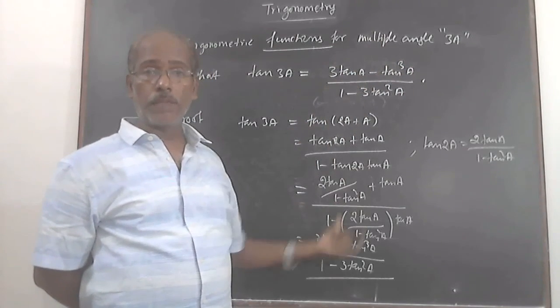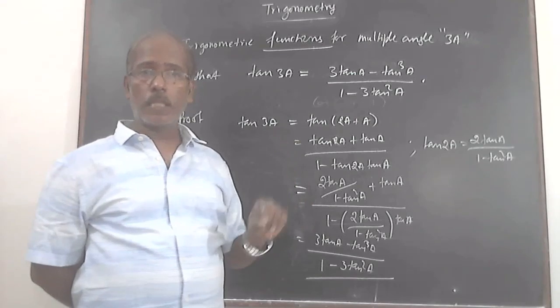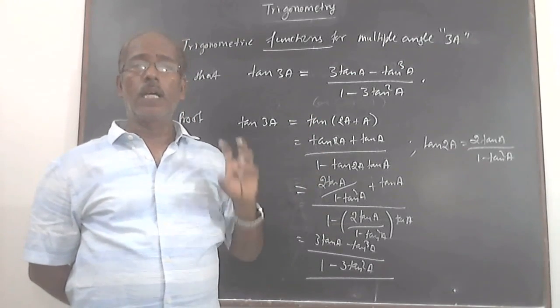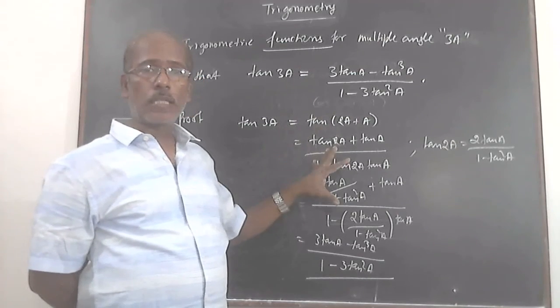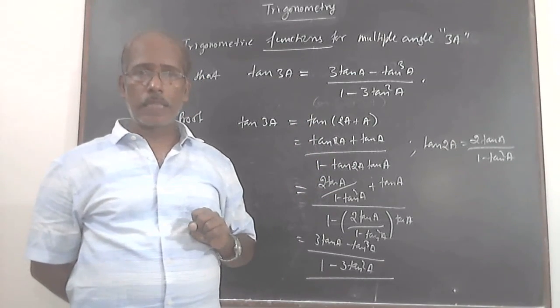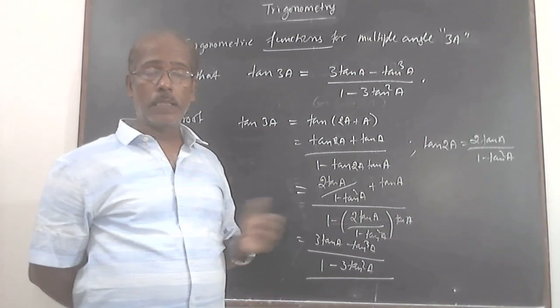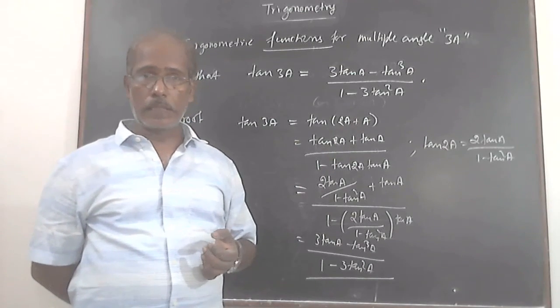There is one general rule at the end of the chapter, trigonometry. I will give you the shortcut related to entrance examinations, joint entrance examination, and any other competitive examination.